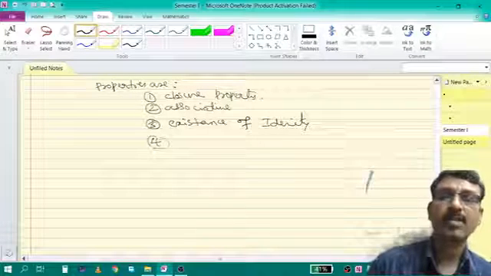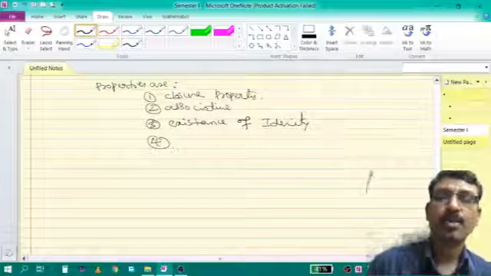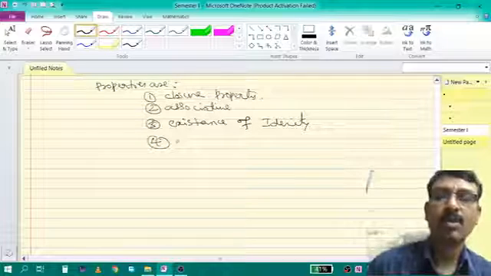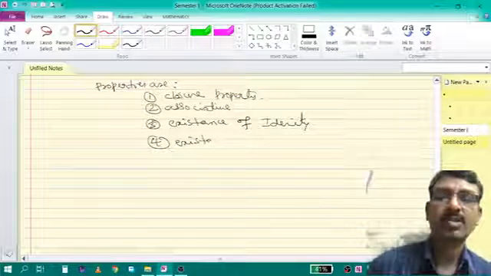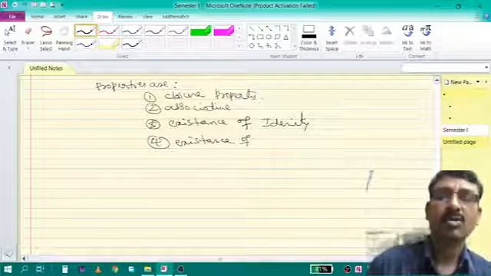The fourth one is inverse property or existence of inverse.